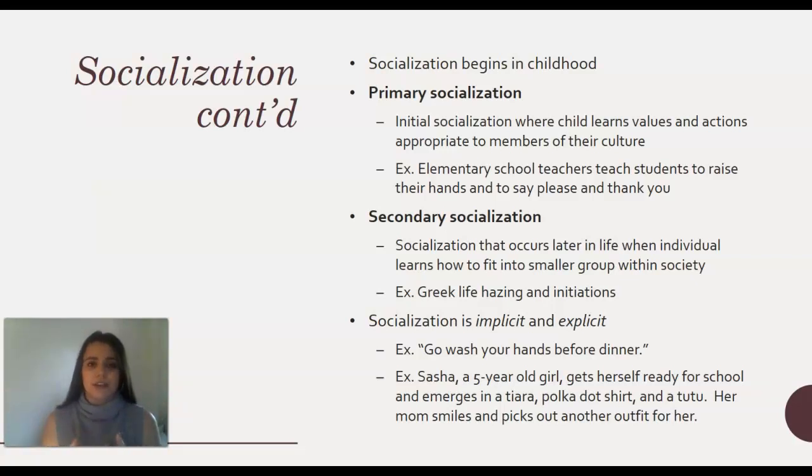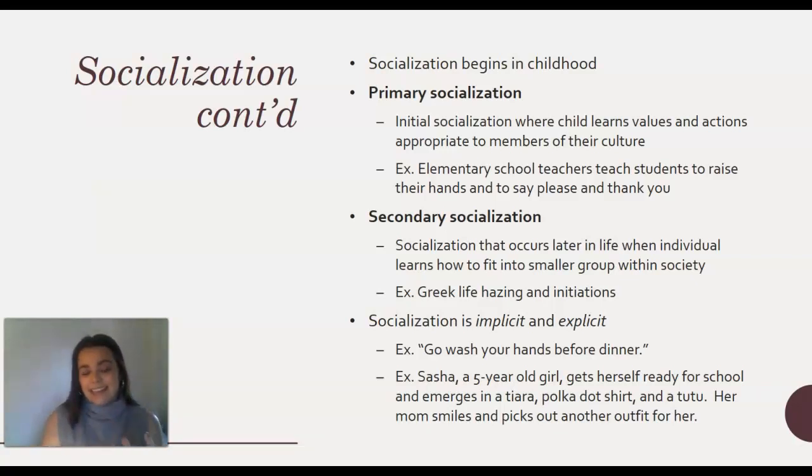They're giving them directions. They might even say, it's not polite to come to the table with dirty hands, right? They're explicitly telling them this is the expectation, this is the norm in our society, and maybe even here's why, right? Here's why it's important, it's sanitary, it's blah, blah, blah, blah. Okay. So that's an example of very explicit socialization.